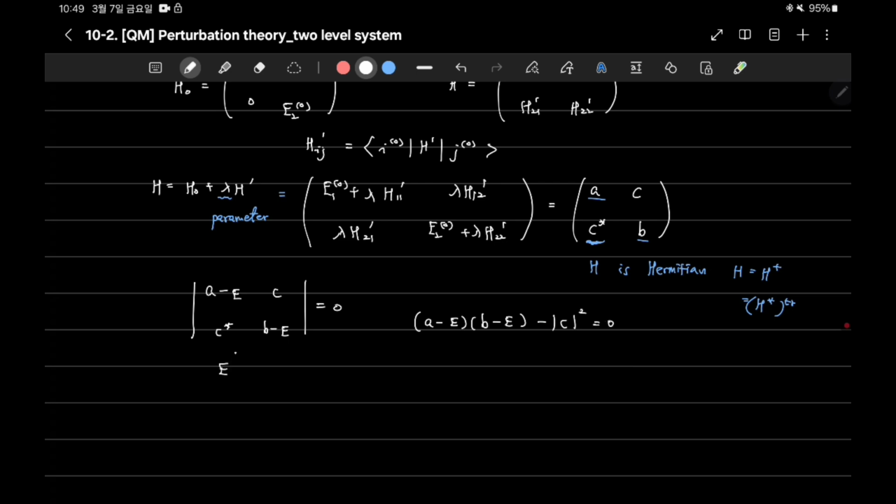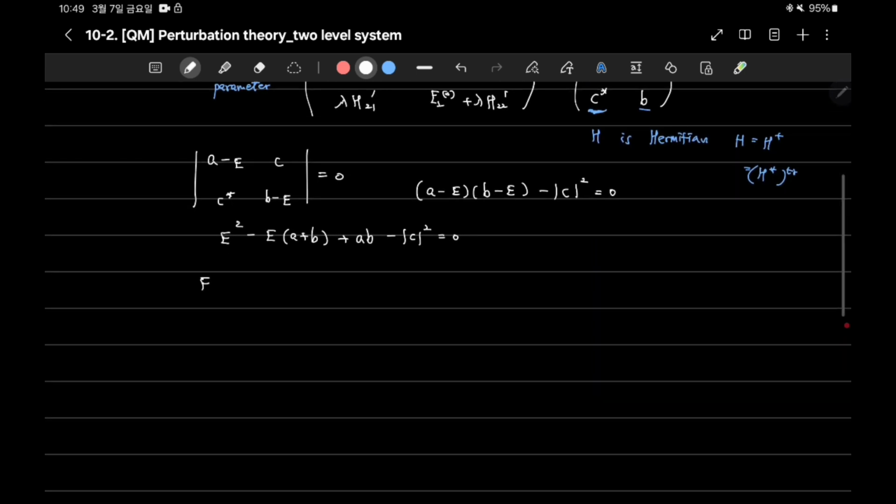In this case, E square minus E times A plus B, plus AB minus C square equals 0. Then E is 1/2 of A plus B plus or minus the square root of A plus B square minus 4 times AB minus C square.